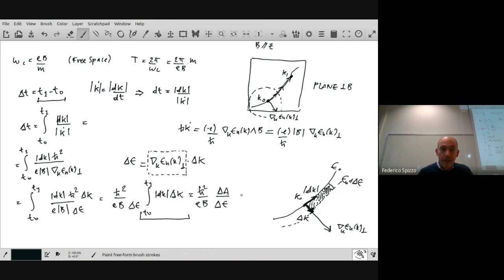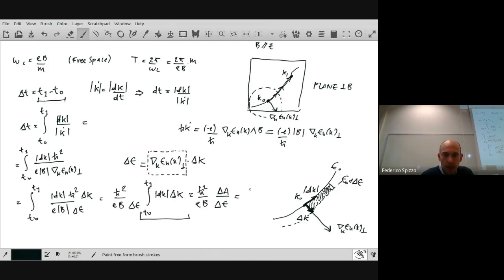Now, in case the orbit is closed and you make the integral across the orbit, then this expression represents the period. That may be compared to the free electron case.